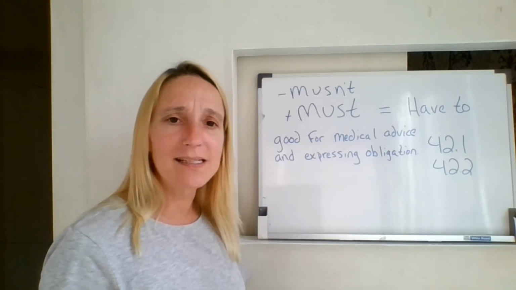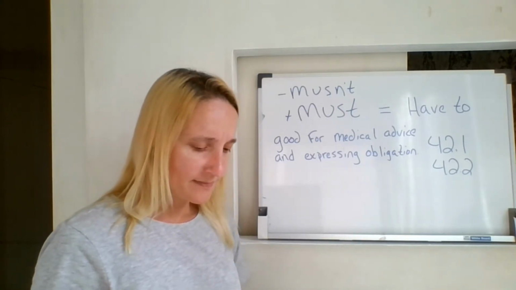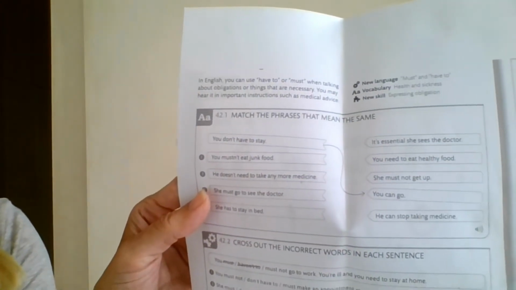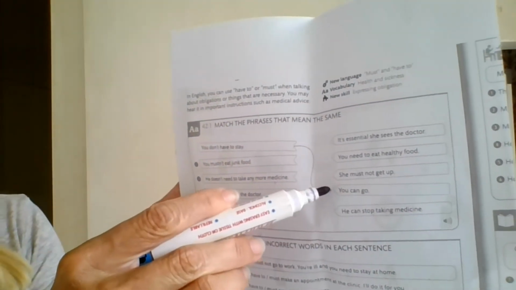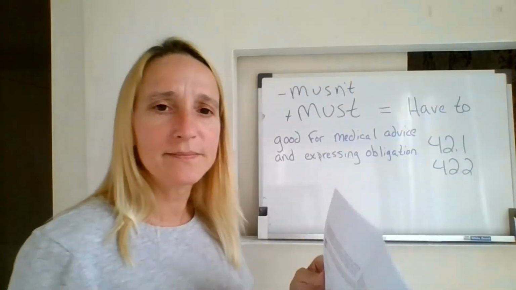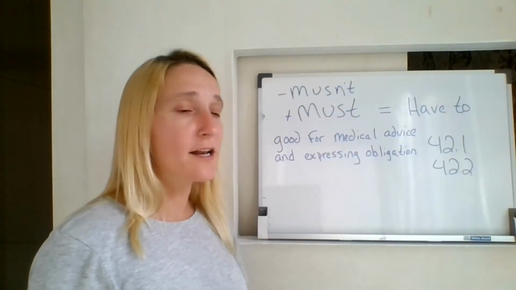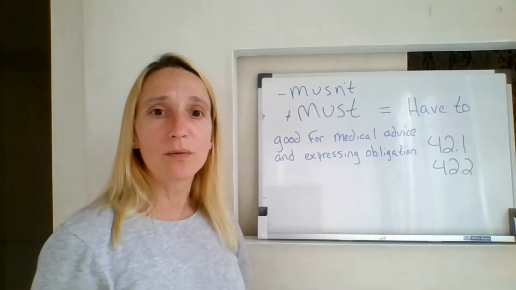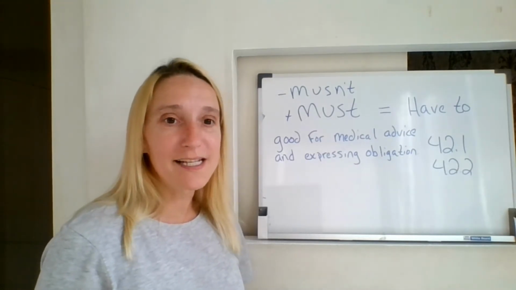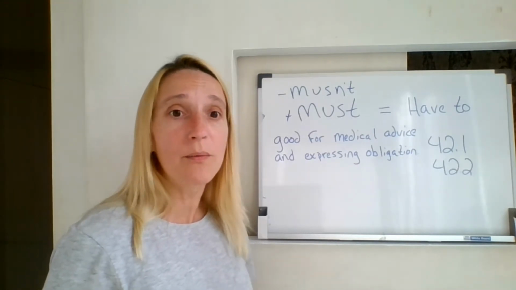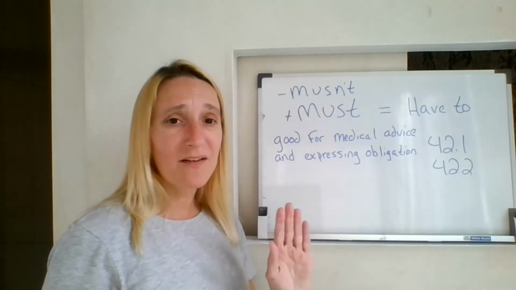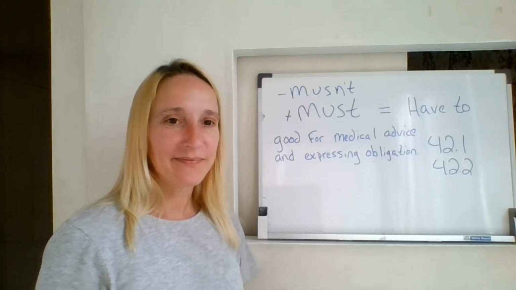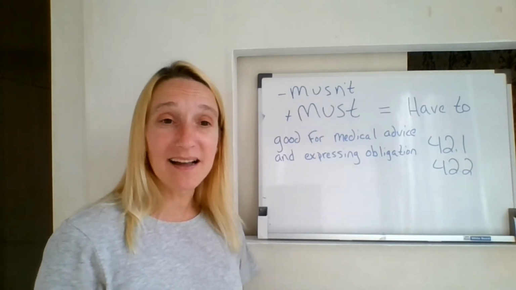Well, the arrow shows us on your piece of paper, it's you can go. So instead of saying have to, you can say you can go. Or instead of someone saying you can go, they can say you don't have to stay. You can go. So that one was pretty easy, I think.